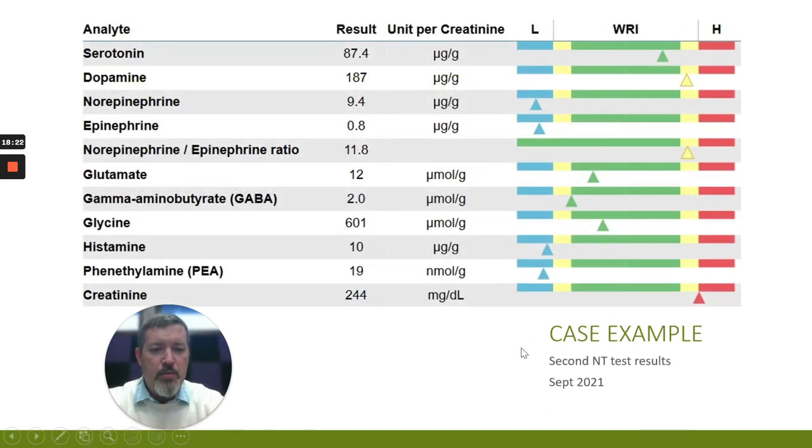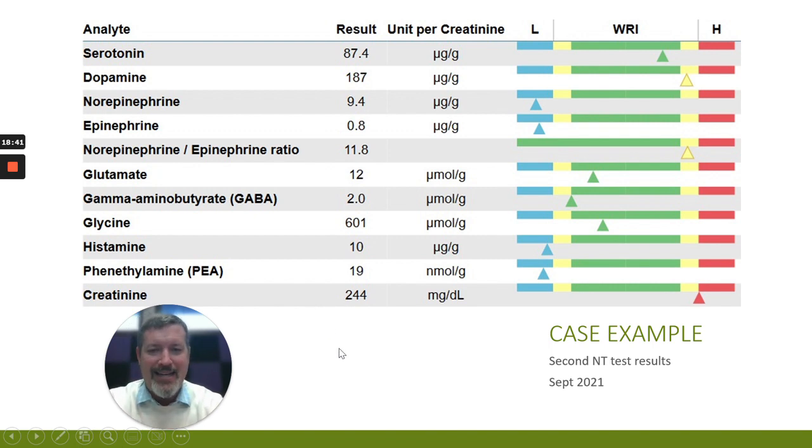Second test, a few months later, you can see definitely moving in the right direction. A couple of things went down, but definitely some things went up. This is information to me. It's not like, oh my gosh, his stuff crashed. It shows us these things are getting better, these things are getting worse.